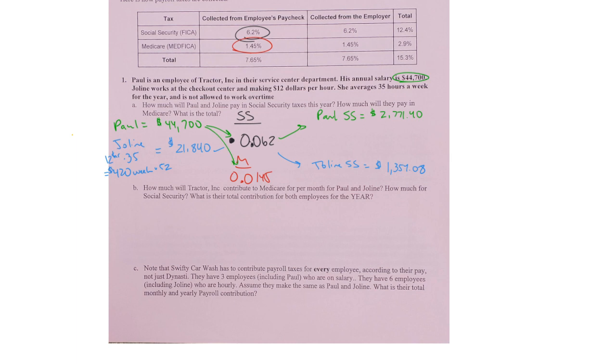So we're doing 44,700 times 0.0145. So Paul's Medicare is going to be $648.15.